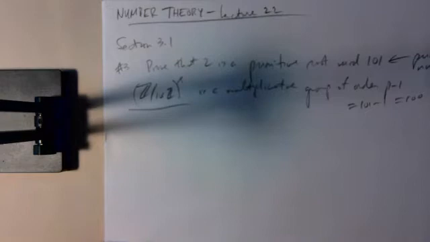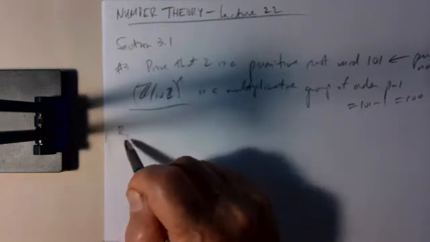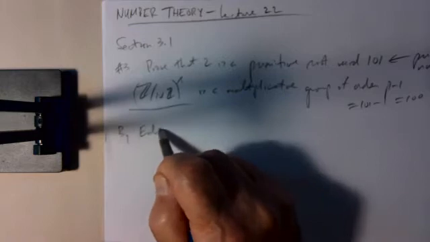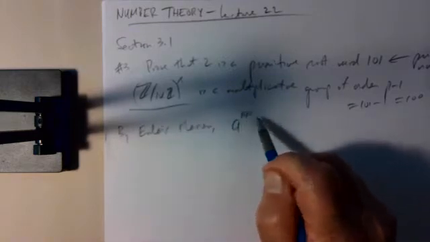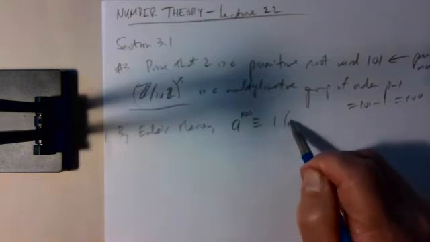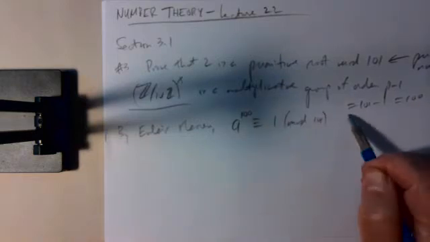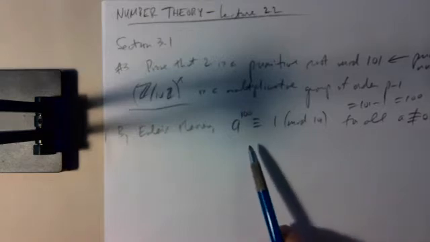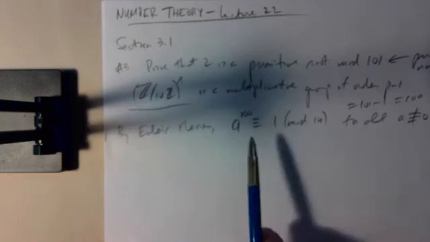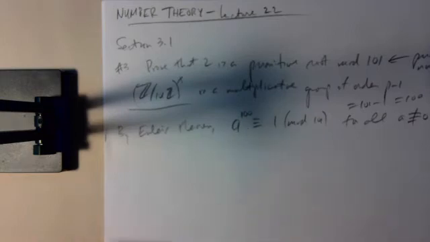So this is a group of order 100, and by Euler's theorem, a to the 100 is congruent to 1 mod 101 for all integers a which are not congruent to 0 mod 101. Any number that's relatively prime to 101, if you raise it to the 100th power, you get 1.